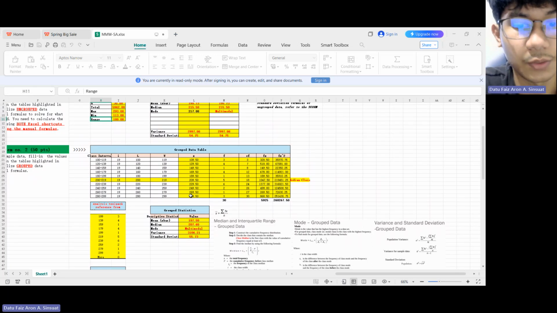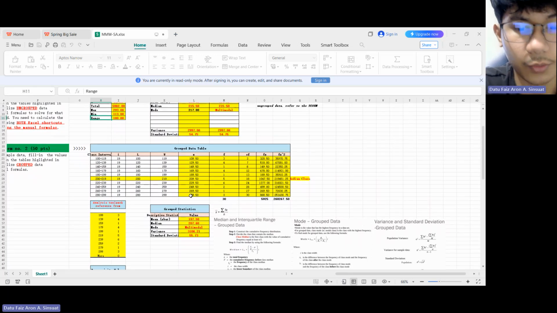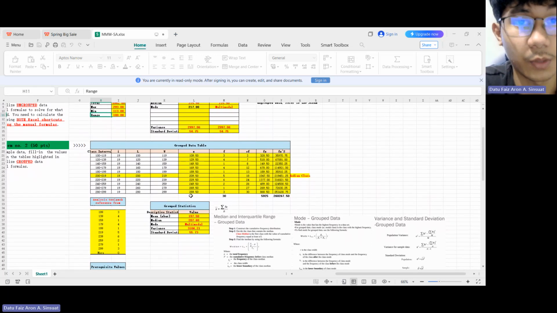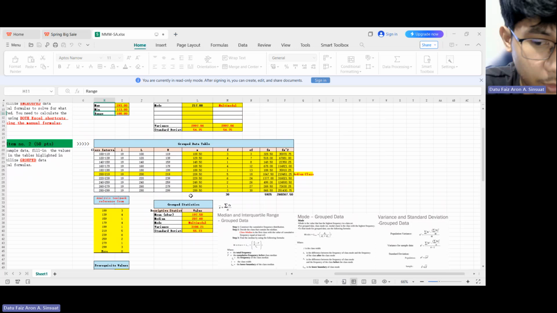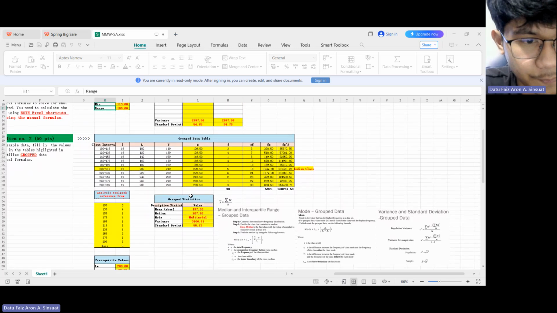We can use Excel to add a trendline to our scatter plot and get the equation, or use LINEST for the exact numbers. This lets us make predictions based on past data.